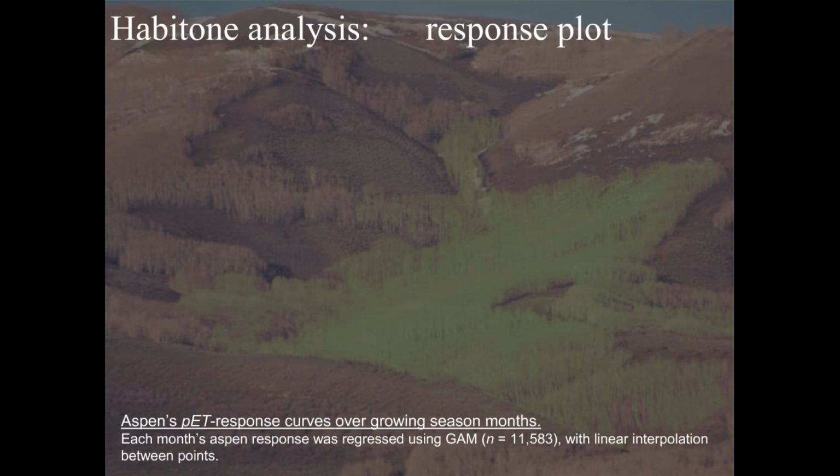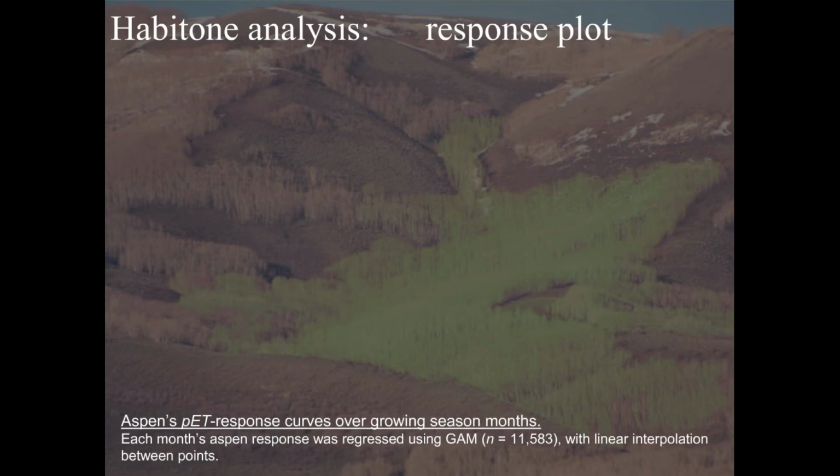Another thing that is interesting is that the expectation of aspen in pixels is always 0 at the high end of the growing season. So we definitely have a drought constraint. But we never have a perfect topographic shade constraint. This is what we can interpret at the low end of the PET range in any given month.